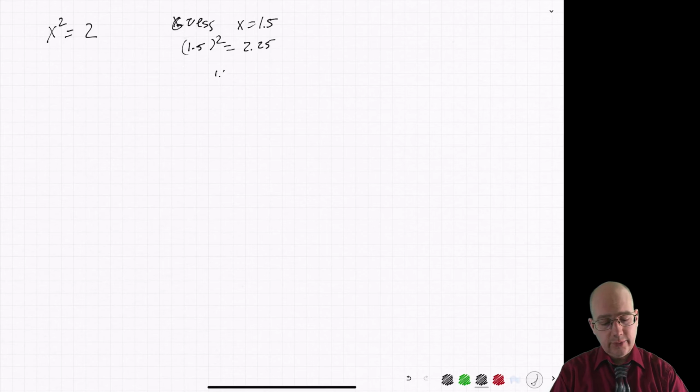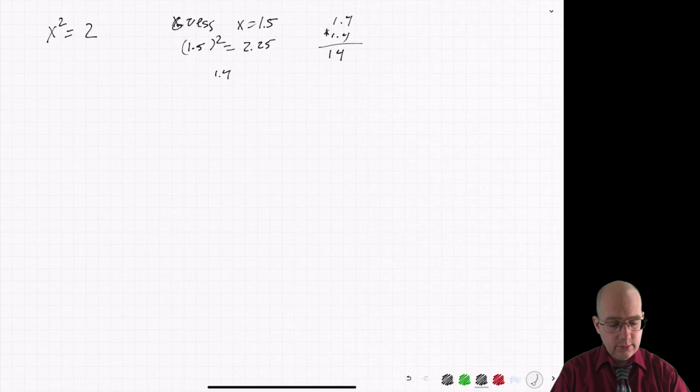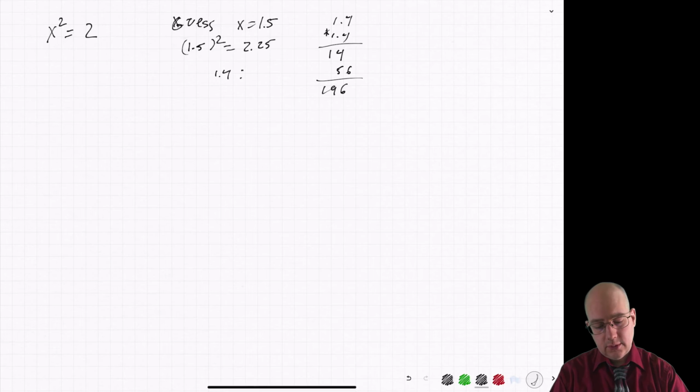You could do 1.4, which comes out to be 1.96.